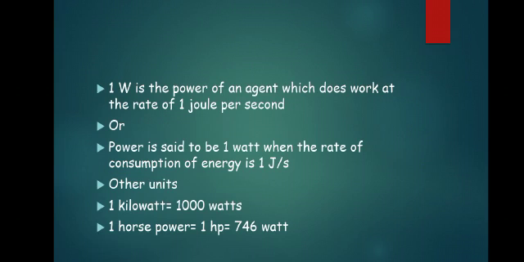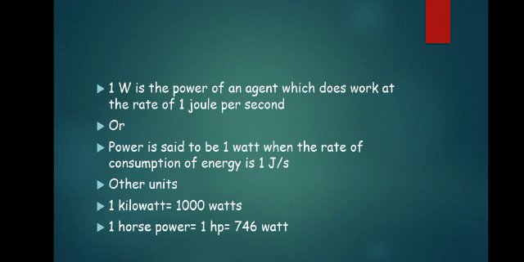So 1 watt is the power of an agent which does work at the rate of 1 joule per second. If an agent or a machine is doing work at a rate of 1 joule per second, then we can say that agent has 1 watt of power.